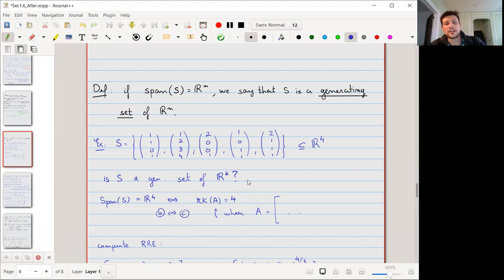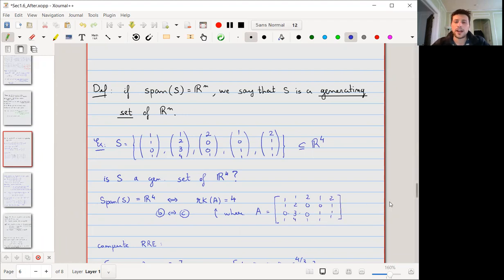The matrix A here is the matrix whose columns are the vectors of S. So the matrix will be 1, 1, 0, 1, 1, 2, 3, 4, 2, 0, 0, 1, 1, 0, 1, 1, and 2, 1, 1, 1.